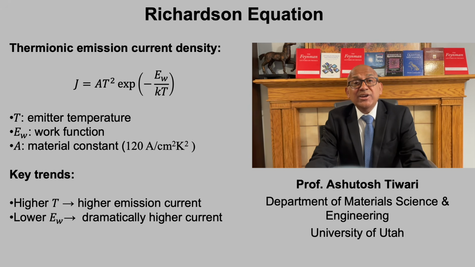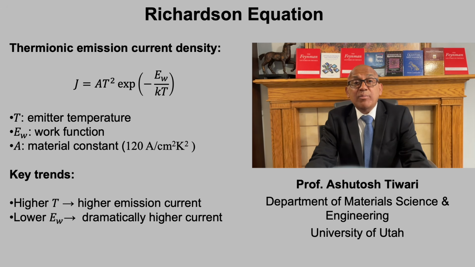Second, the emission current depends exponentially on the work function. This exponential dependence means that even a small reduction in work function results in a very large increase in emitted current. This explains why materials with lower work functions such as LaB6 can produce significantly higher beam current at lower operating temperatures compared to tungsten.